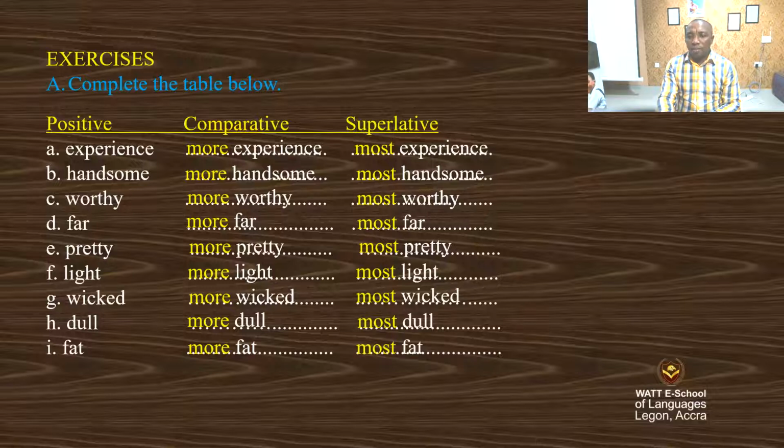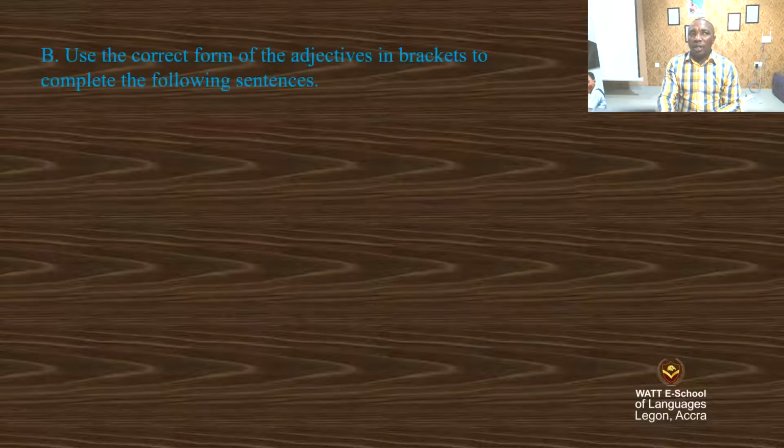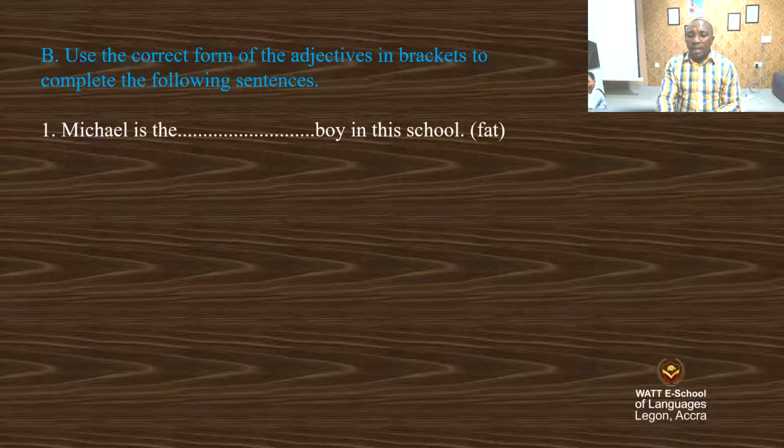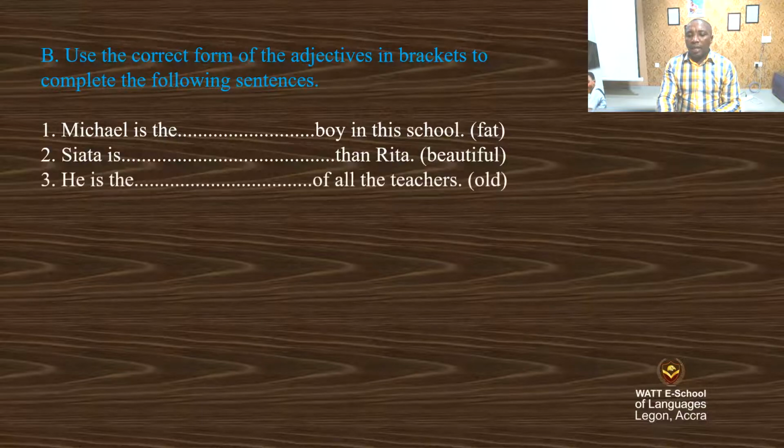I hope you can see that. Let's move on to the last set of activity. Use the correct form of the adjectives in brackets to complete the following sentences. Makia is the boy in this school. He is the of all the teachers.